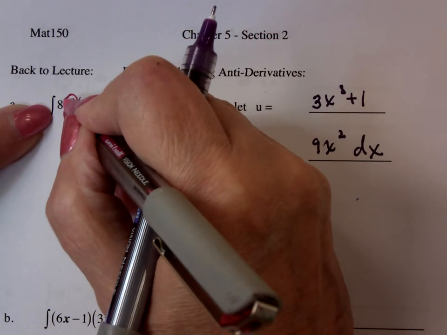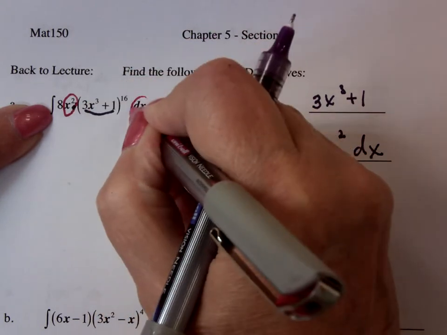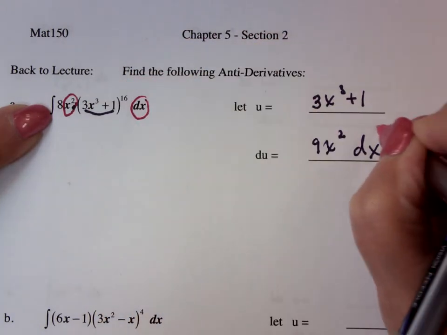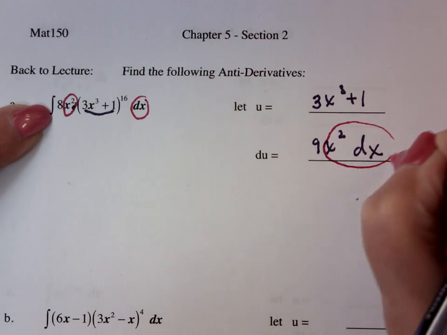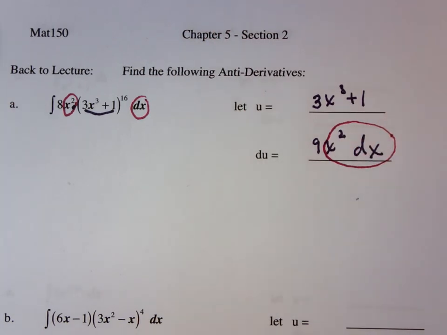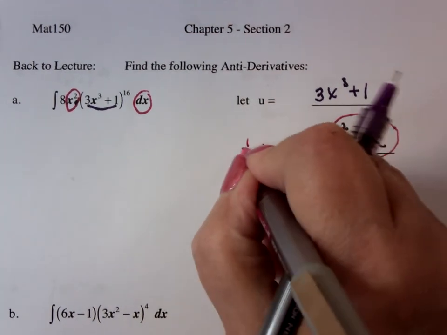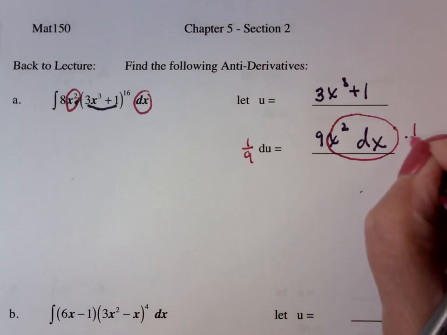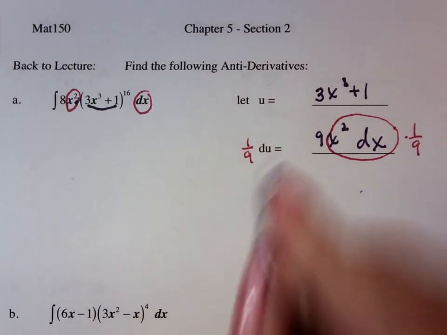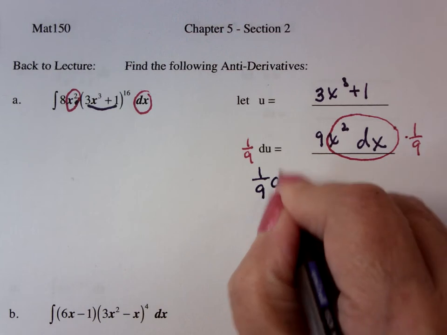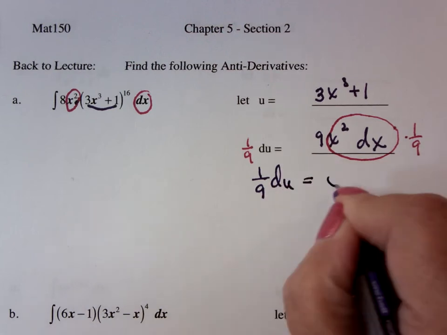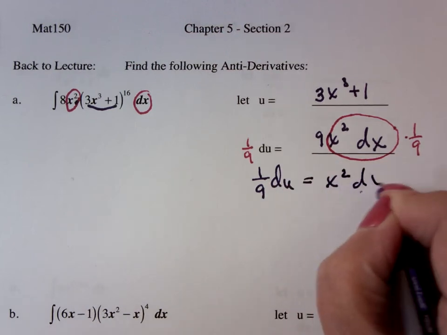But I do have an x squared. So what I need is an x squared and a dx. I only need this piece, which means I don't need the 9. So if I multiply both sides by 1/9, I get that 1/9 du is equal to x squared dx.